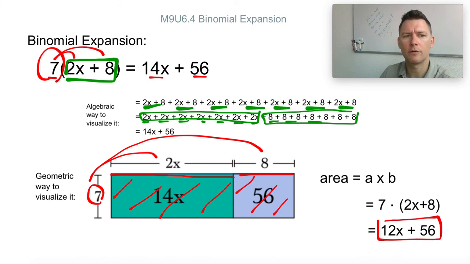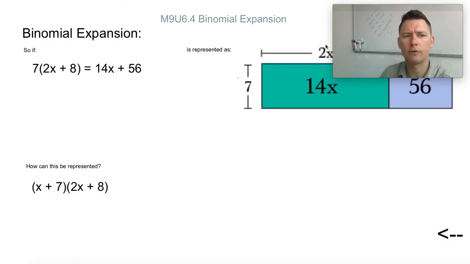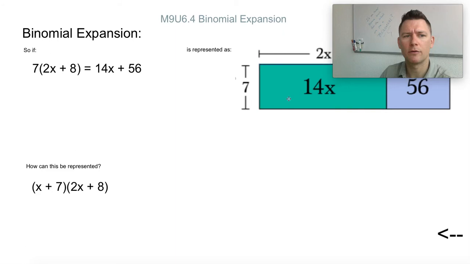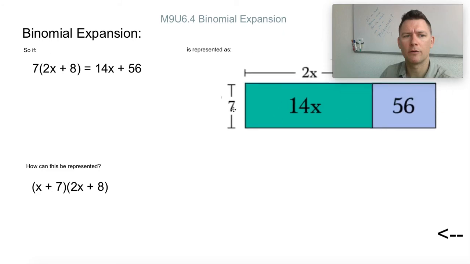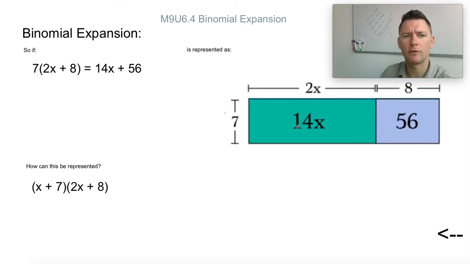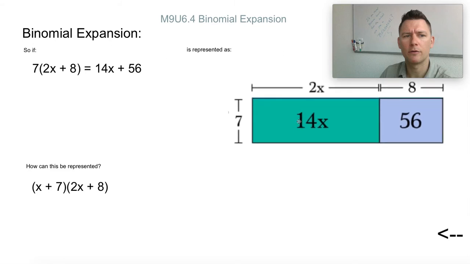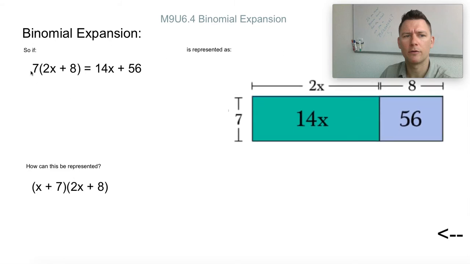Fine. We're going to do the same thing with a binomial, which was not a monomial. We're going to try to represent this in the same way, but with a binomial and a binomial. So instead of having 7 times 2x plus 8, we're having 7 plus x times 2x plus 8, so we're going to add another layer in here.